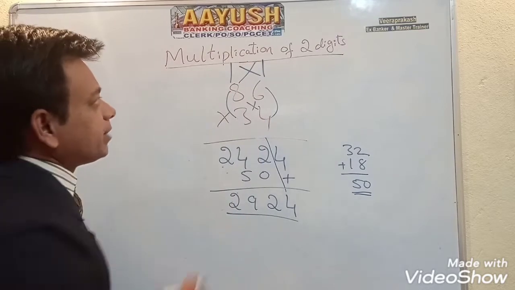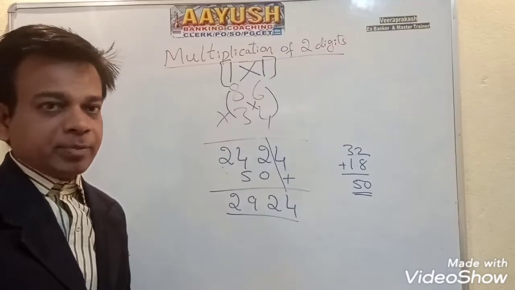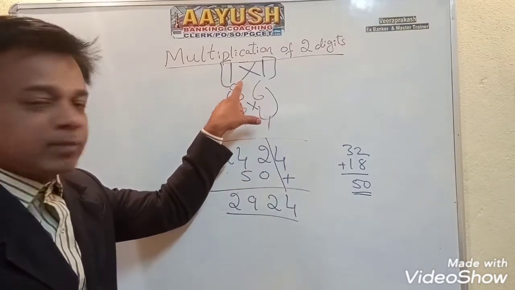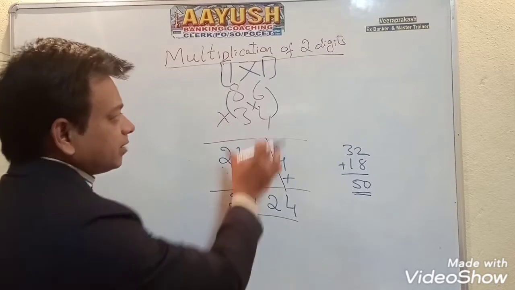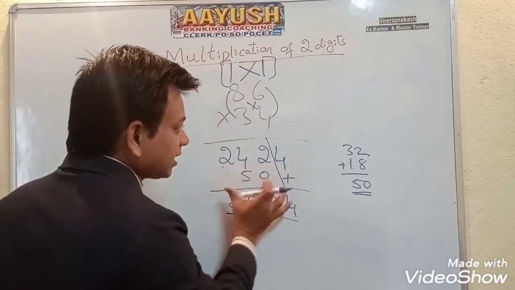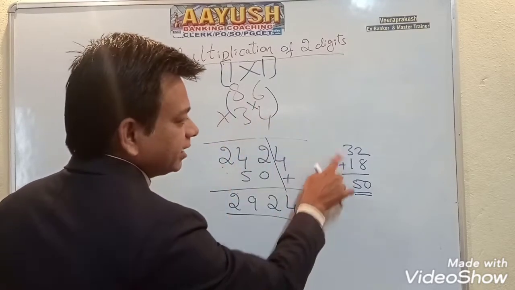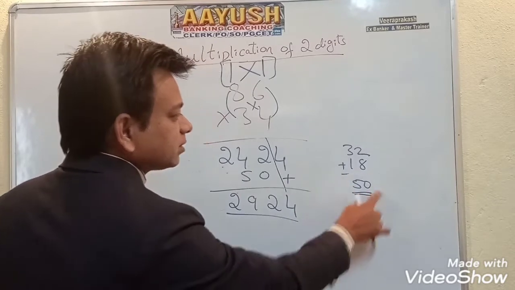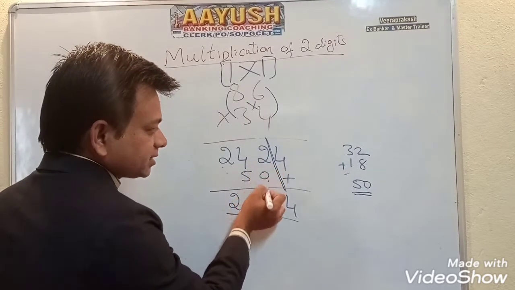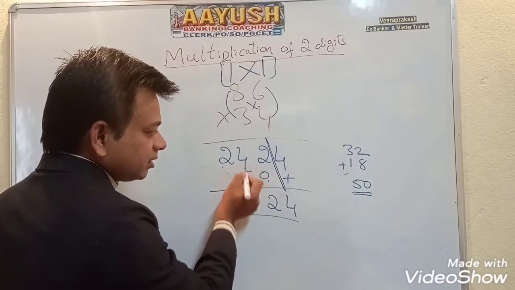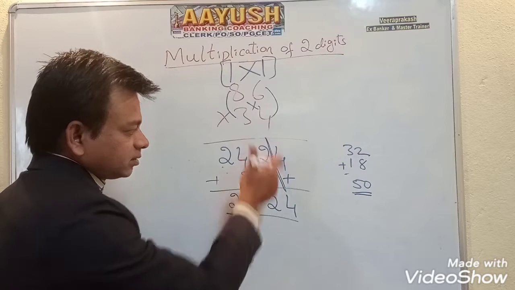This can be easily remembered as IXI, you just keep it in your mind for memory purposes. After the straight multiplication, how does this 50 come? By doing the cross multiplications. 8 4s are 32, 3 6s are 18. After addition of 32 and 18, you get 50. This 50 is to be kept leaving one digit, 0 below this digit and 5 below the next digit. Then finally addition gives 2924.